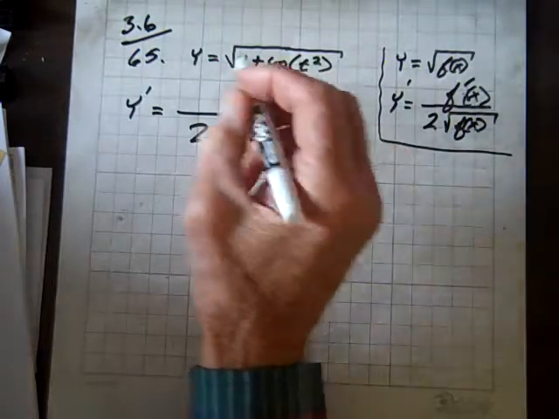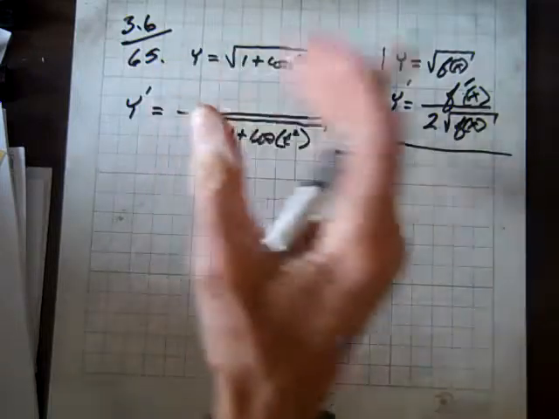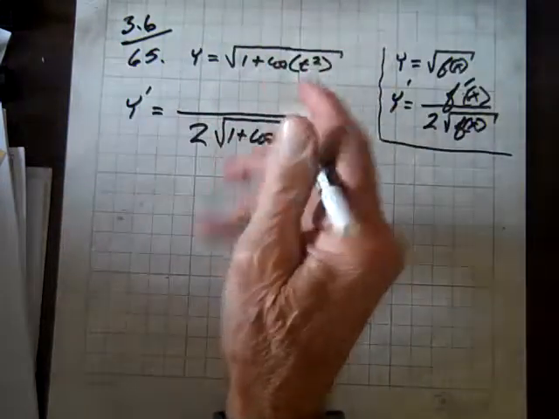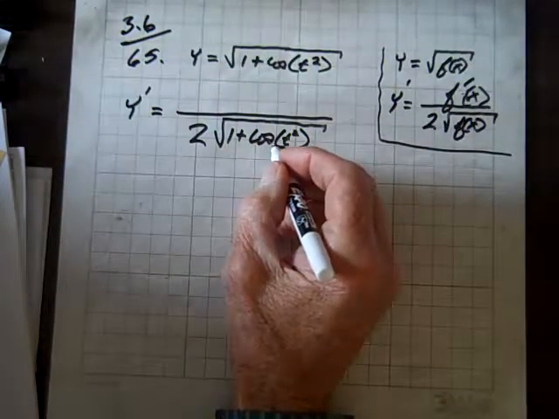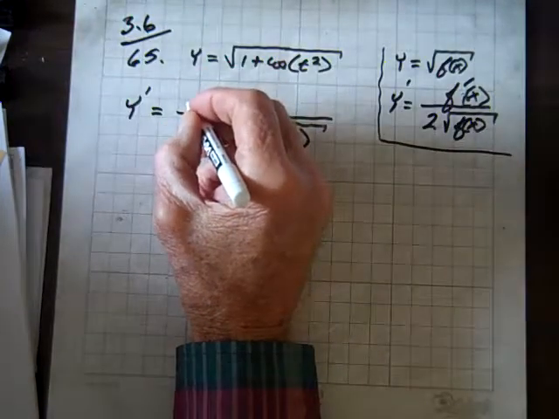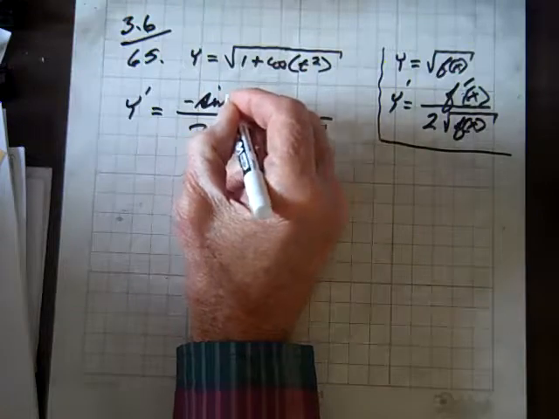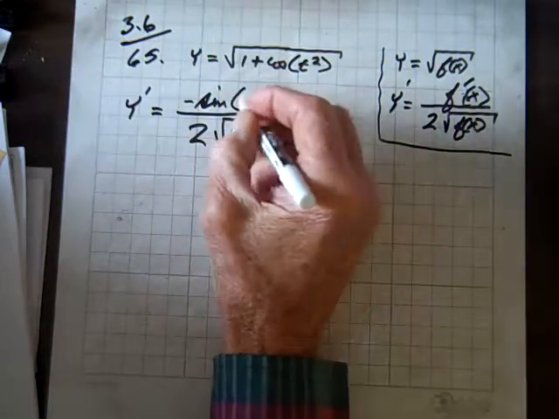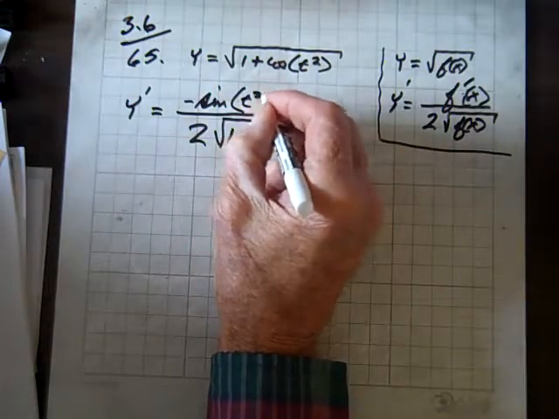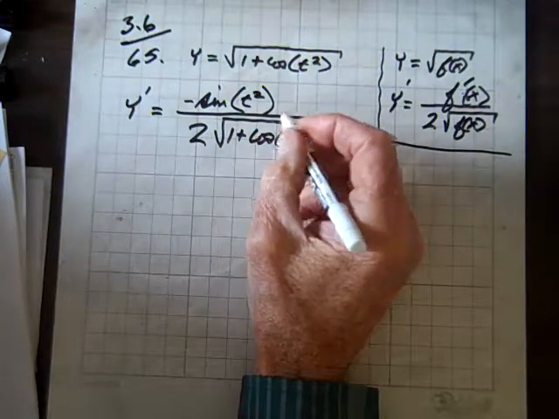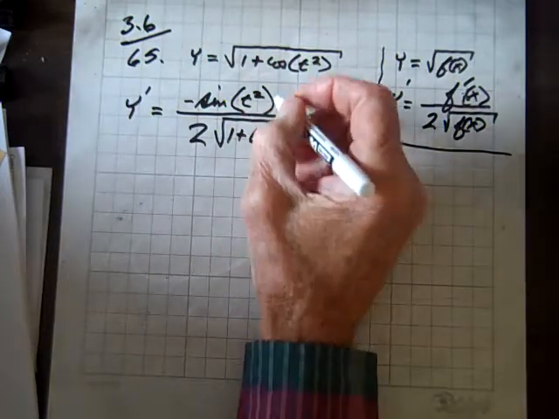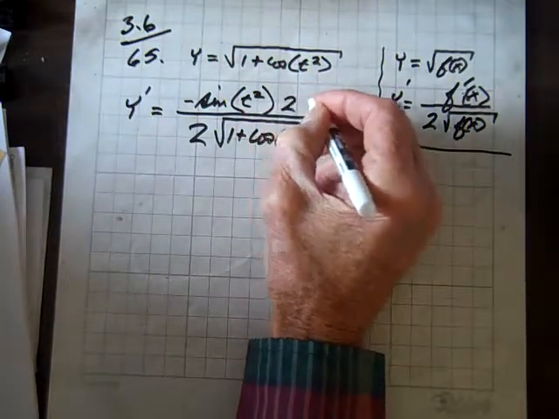The derivative of cosine of t squared, we work from the outside in, so we'll take the derivative of cosine, which is negative sine of t squared. Then we go in and we take the derivative of t squared, which is 2t.